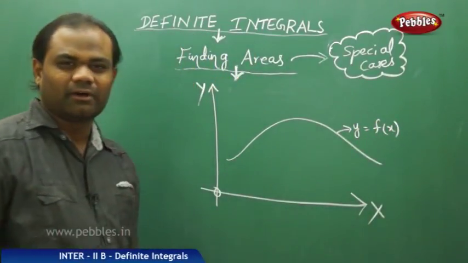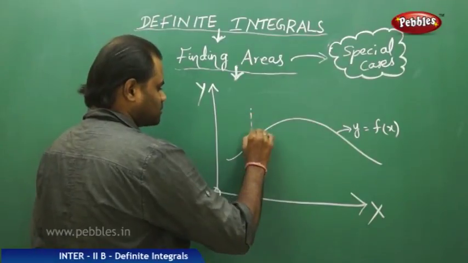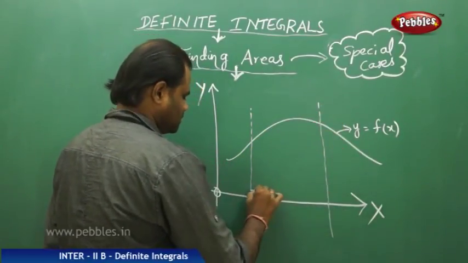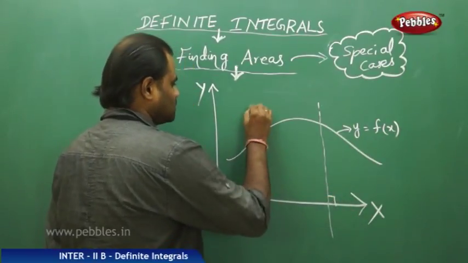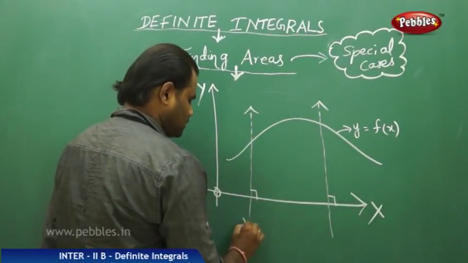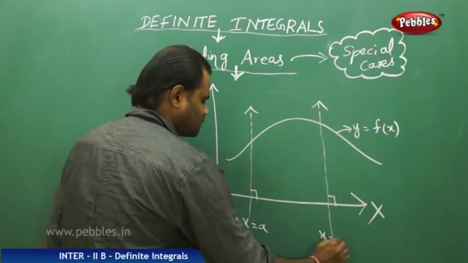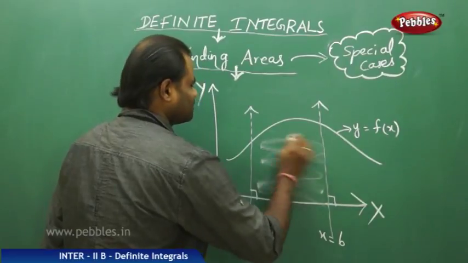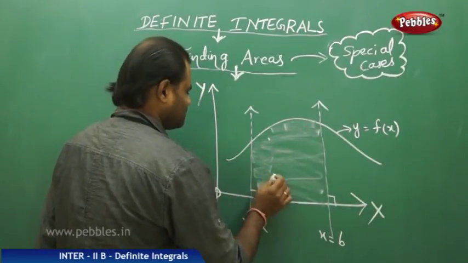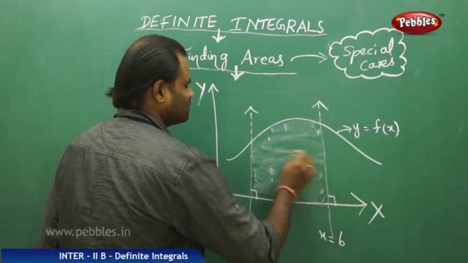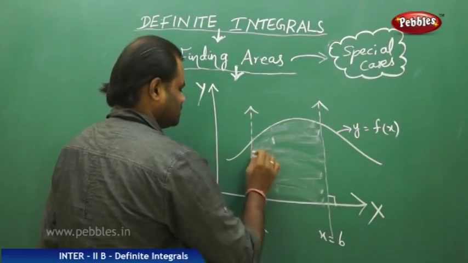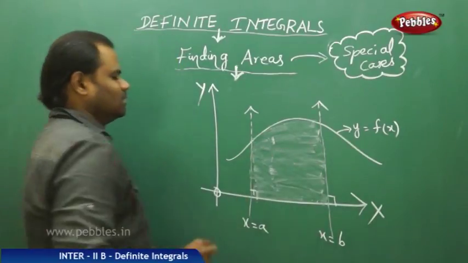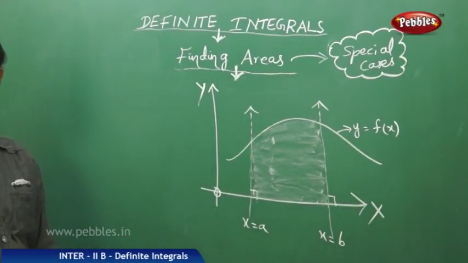I have only the curve y equal to f of x, and I have to find the area between the boundaries x equals a and x equals b. Is what we're going to find out here.